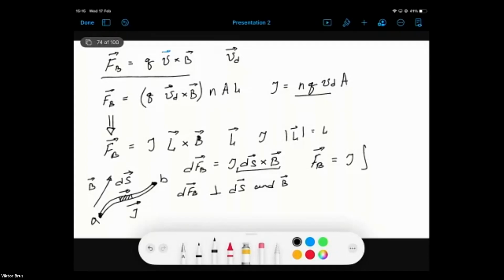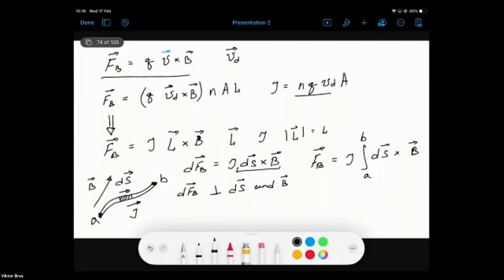Even if we have a different cross section area, or different material properties, it doesn't matter, it will always be the same electric current through each cross section. So here will be the integral from A to B of the vector product ds times B. We have a uniform magnetic field.